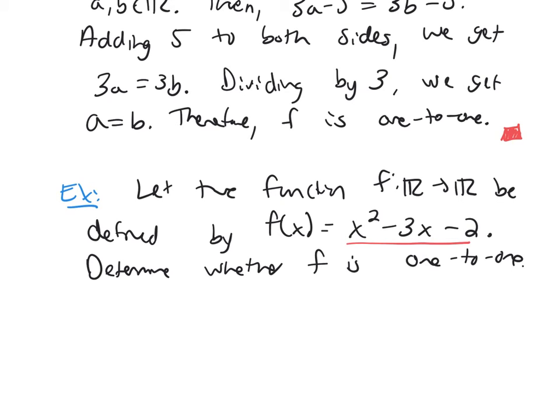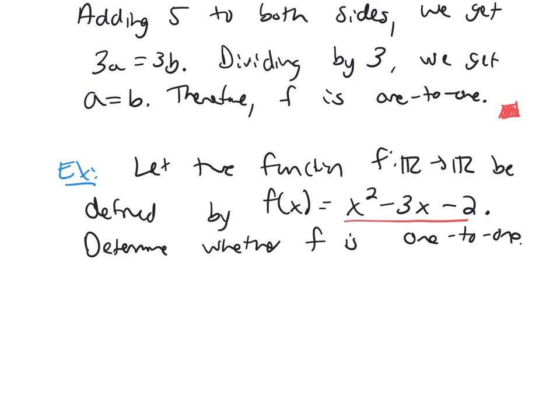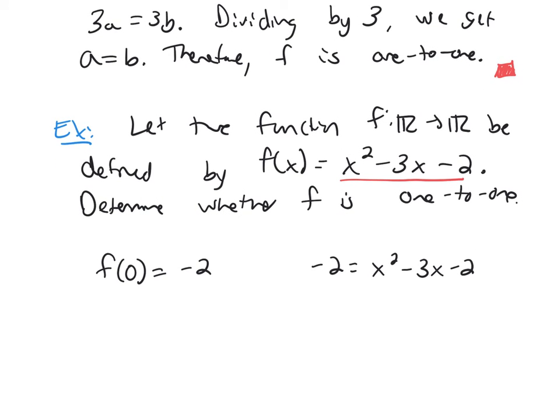So my guess is that this function is not one-to-one. And so, for example, if I plug in 0 into my function, it outputs -2. And so the question is, is there a different value where I plug it in for x and I also get back -2? So let's just say this equation equals -2, and we want to solve here for x.